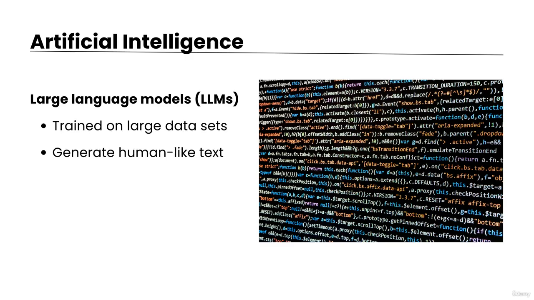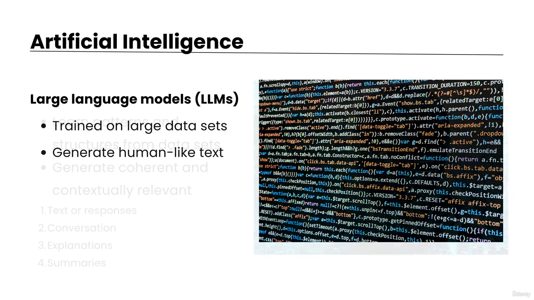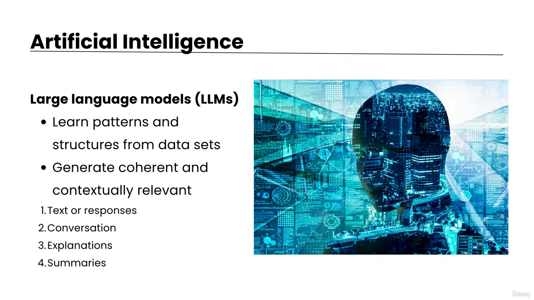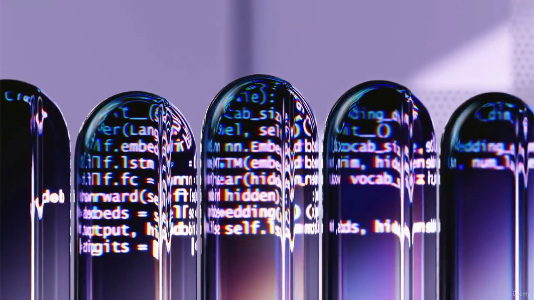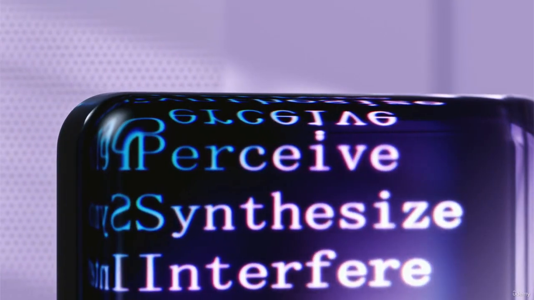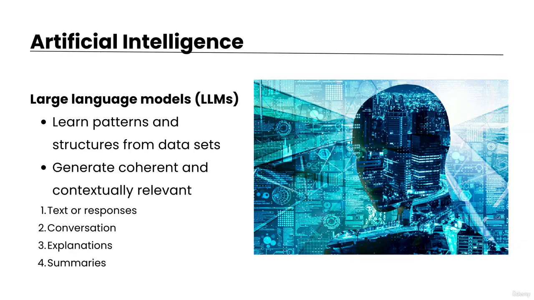Let's begin with the text generation capability of generative AI. At the core of generative AI's text generation capability are advanced AI-powered large language models, or LLMs. LLMs are trained on large datasets and generate human-like text in various contexts. These models learn patterns and structure within the data to generate coherent and contextually relevant responses.